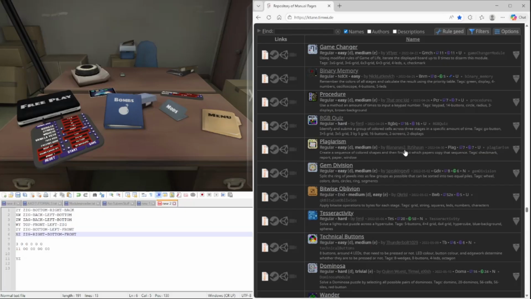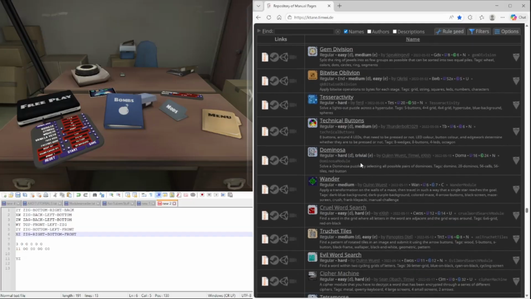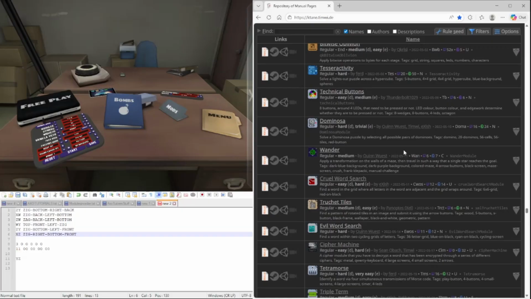So, next time we're going to be looking at Game Changer, I remember procedure. IGP quiz is going to be an interesting one. Plagiarism is going to be an interesting one as well. Going to need to learn how to do dominoes, or a good method for it.